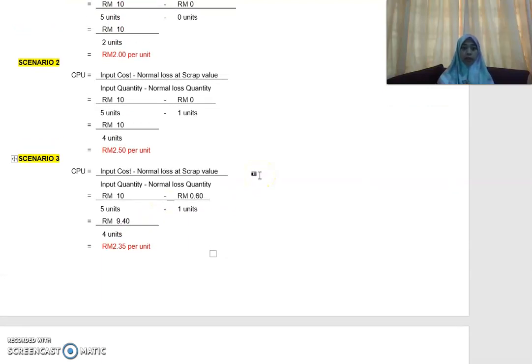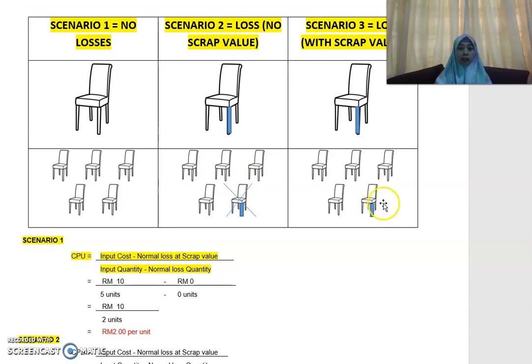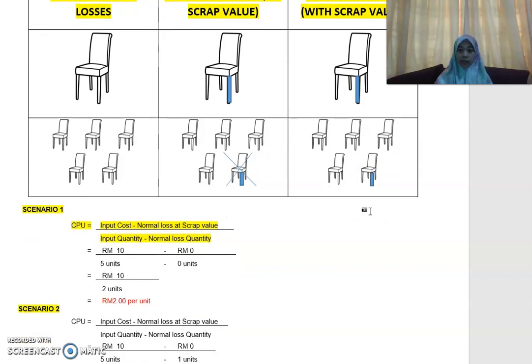Instead of the cost being 2 ringgit 50 as in scenario 2, because your loss now has some scrap value, someone may want to buy this chair and repair it, so you get 60 cent out of that.